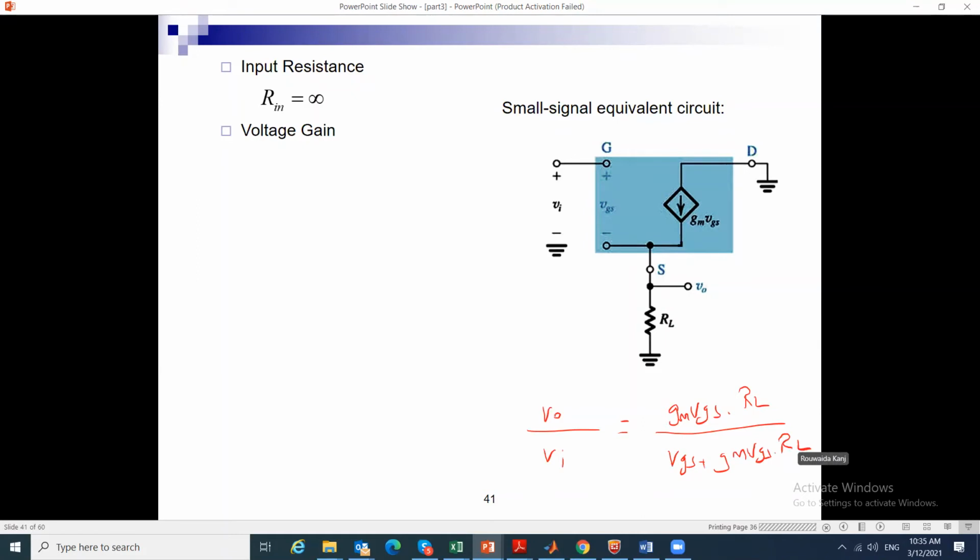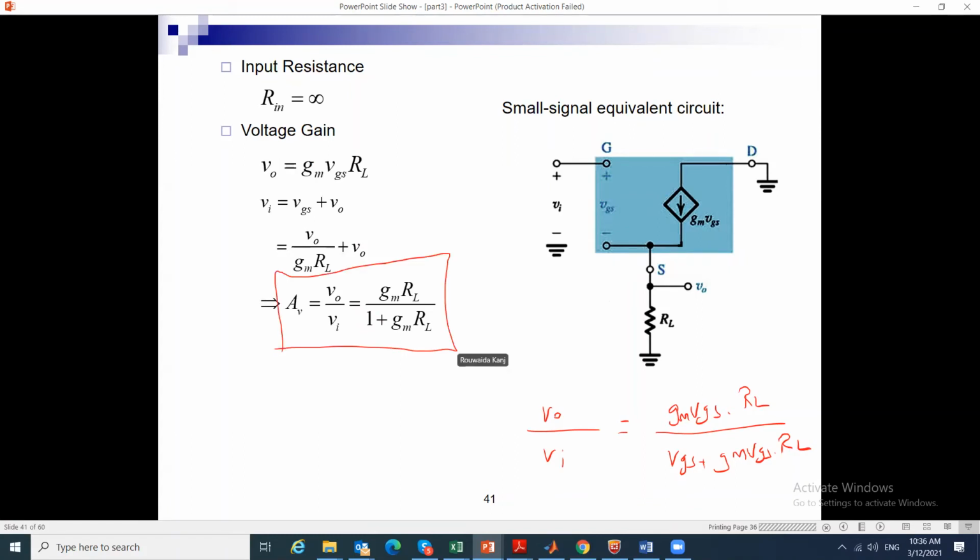Now I can take out VGS, and so the total gain will be gm RL over 1 plus gm RL, the equation which we saw. So this is where the equation comes from. And then the open circuit voltage gain, if there is no load: when RL tends to infinity, it tends to 1. So the open circuit voltage gain is 1. Perfect.